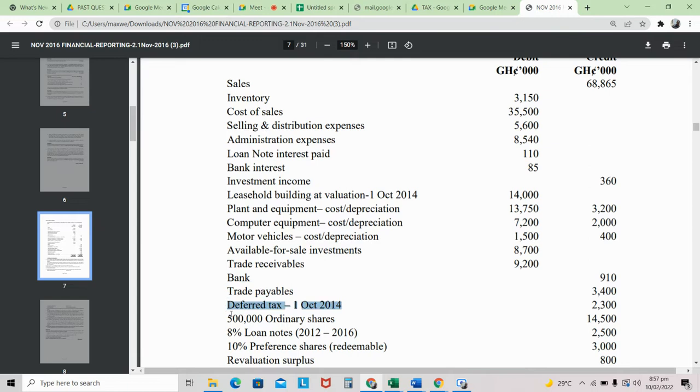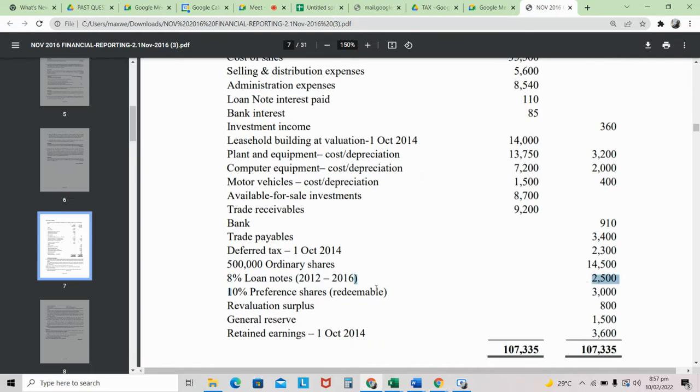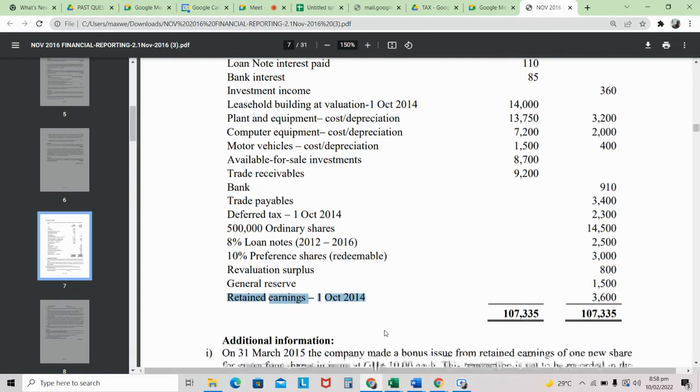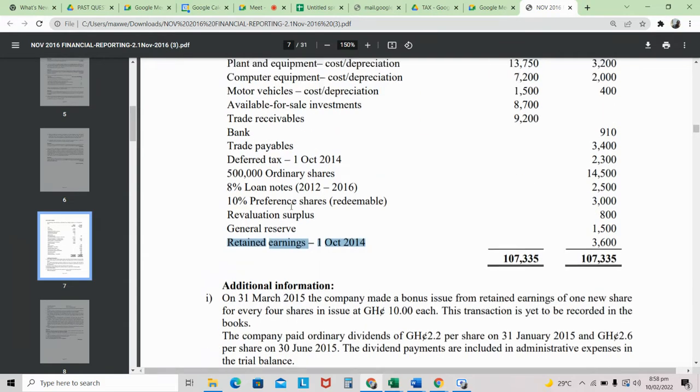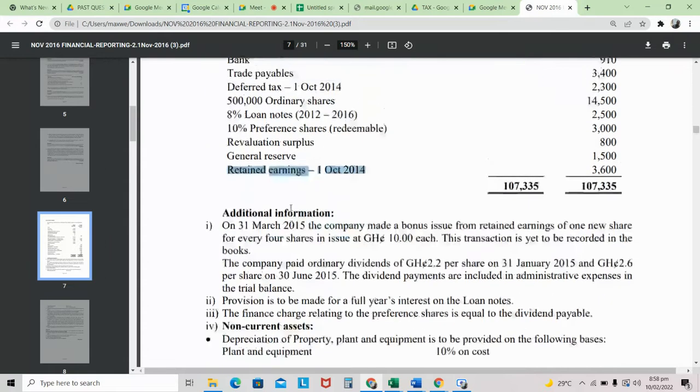Deferred tax, balance sheet. Ordinary shares, balance sheet. Loan notes, balance sheet. Preference shares, balance sheet. Revaluation surplus, balance sheet. General reserve, balance sheet. Retained earnings, balance sheet. So it means that all the rest are balance sheet items.